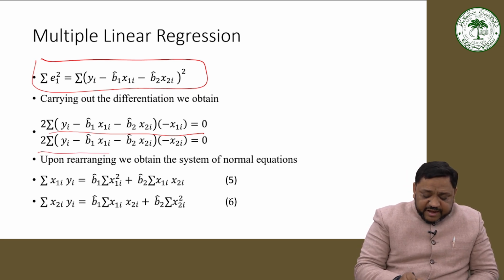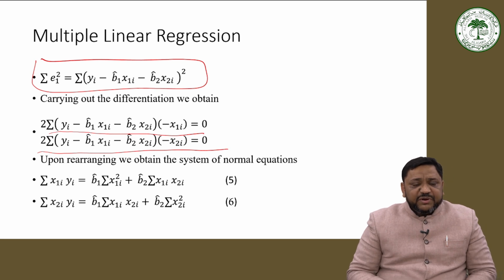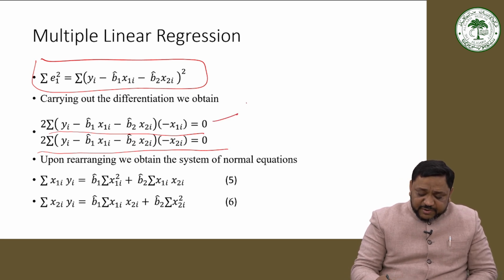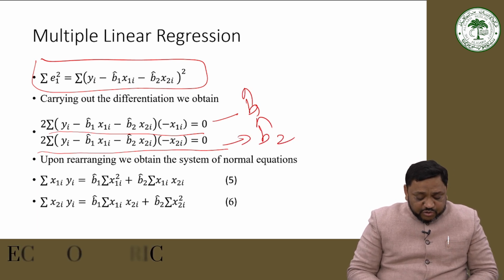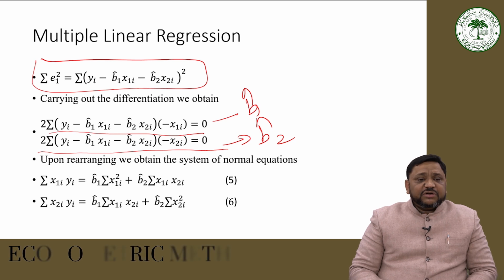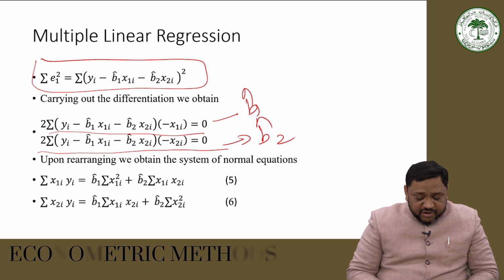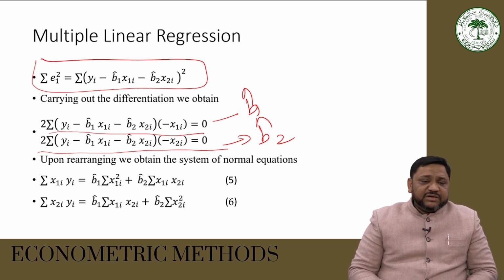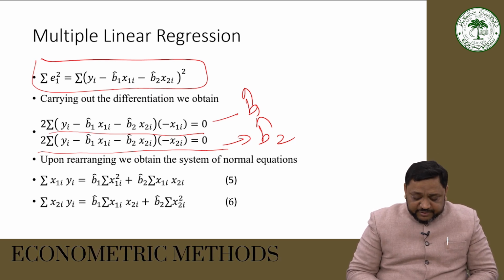The second time, we differentiate with respect to beta 2 hat, and here we get 2 summation yi minus beta 1 hat x1i minus beta 2 hat x2i, the entire thing multiplied by minus x2i.